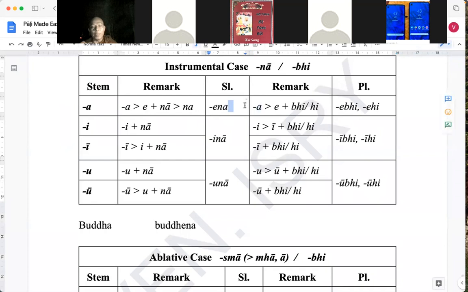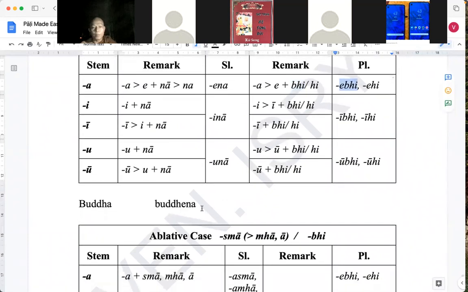The stem ends in a, and to it bi is added. At that time, the same way as the singular, the a is changed. Here also it is changed, so we have a, bi. So for the plural form, Buddha plus bi.